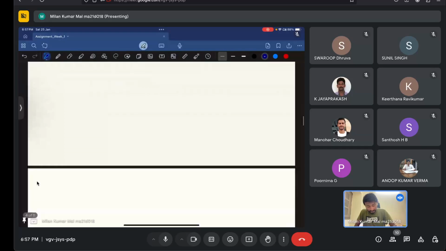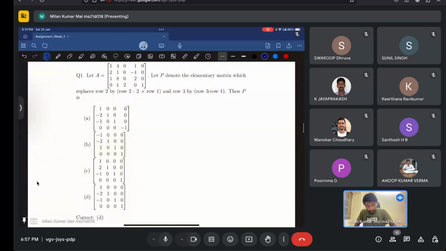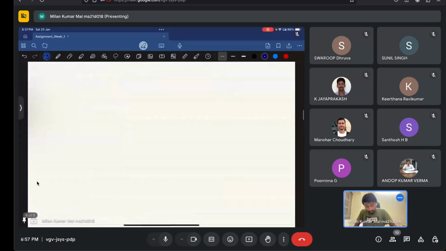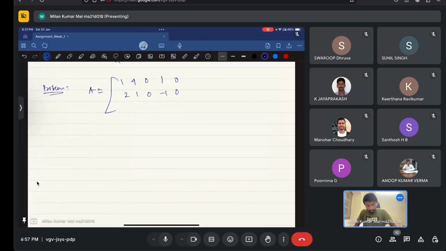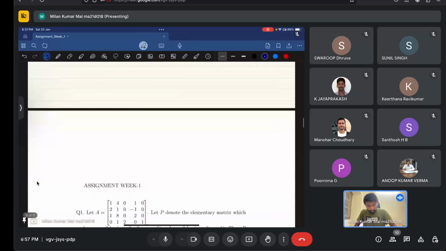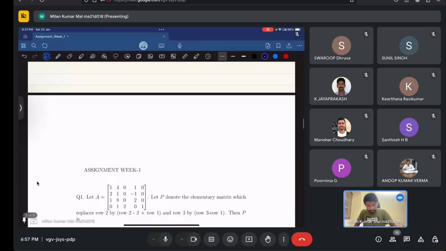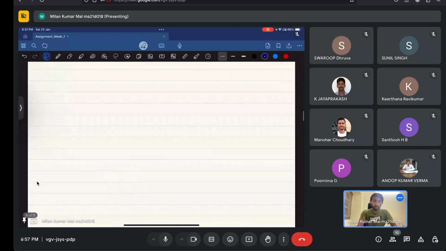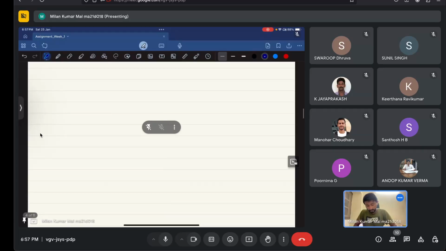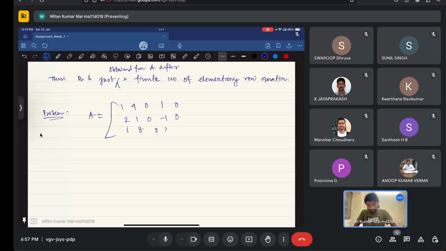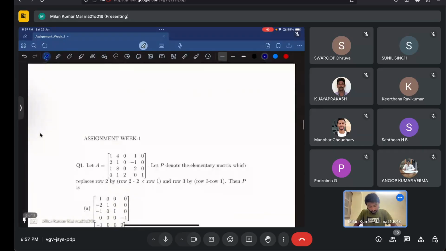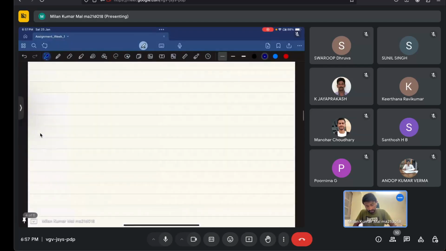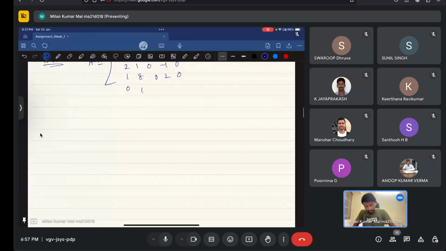The second row is 210 minus 10, and the next row is 18020, and the last row is 01201.